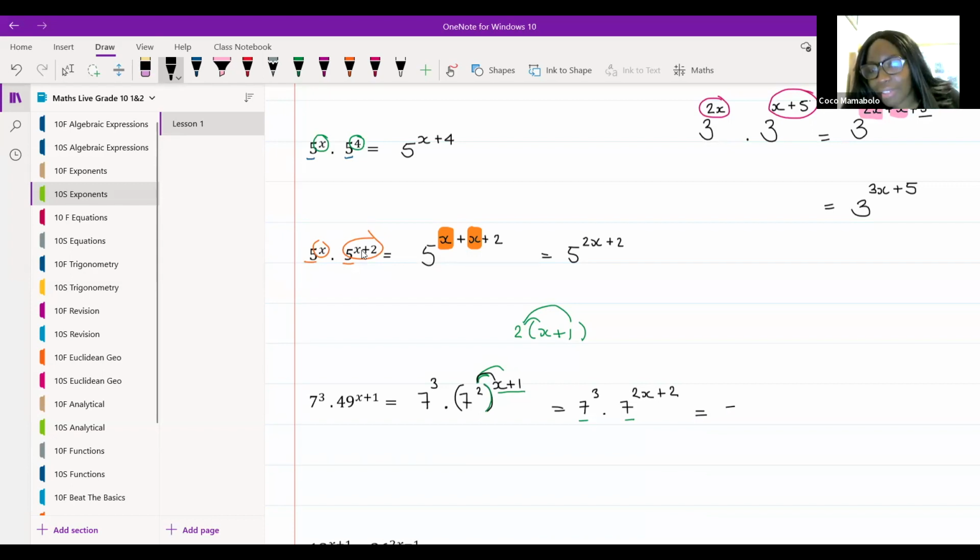We're going to write 7. And then after we keep the base, we're going to add the exponents. So now we're going to get 3 plus 2x plus 2.